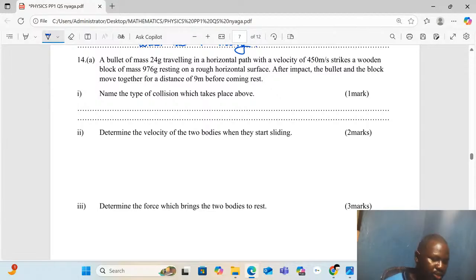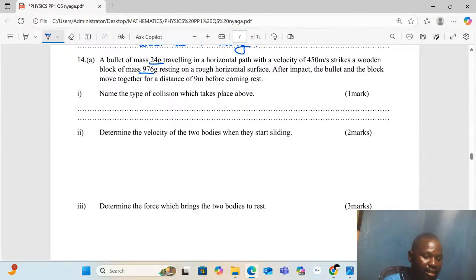A bullet of mass 24 grams traveling in a horizontal path with a velocity of 450 meters per second strikes a wooden block of mass 976 grams resting on a rough horizontal surface.